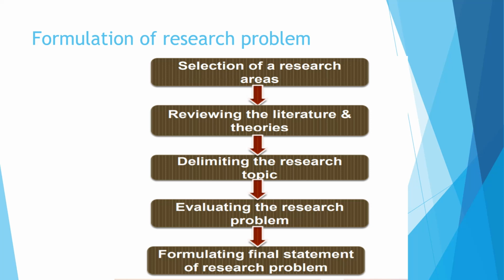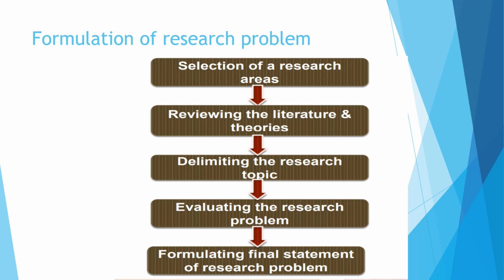The review of theories or literature provides an opportunity for the researcher to plan a research problem to contribute towards either testing or development of a theory or conceptual model.